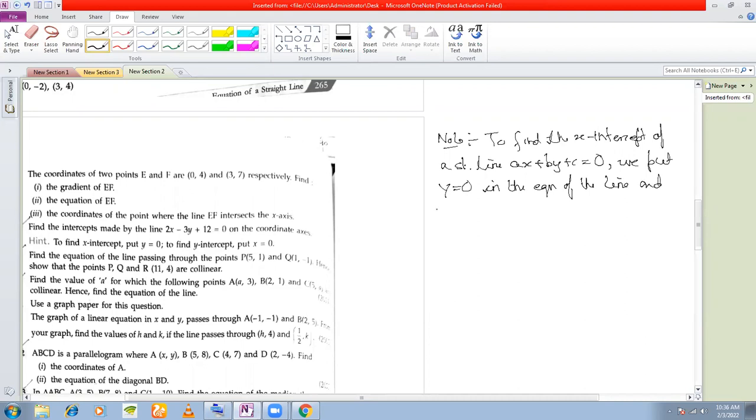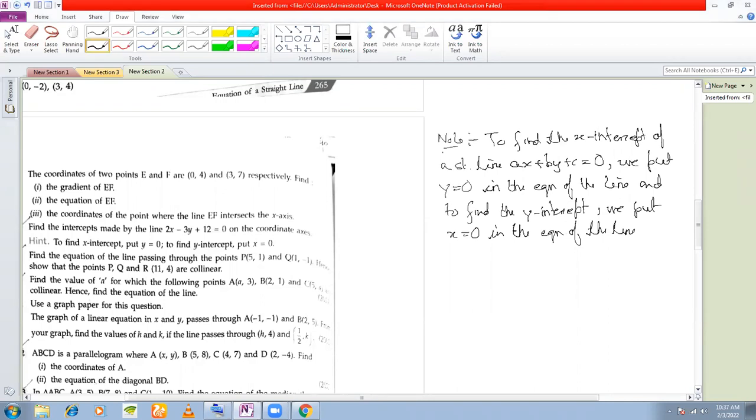And to find the y-intercept, we put x is equal to 0 in the equation of the line. Okay, remember this. This is a working rule. To find out the intercept, this is a working rule that you must follow.